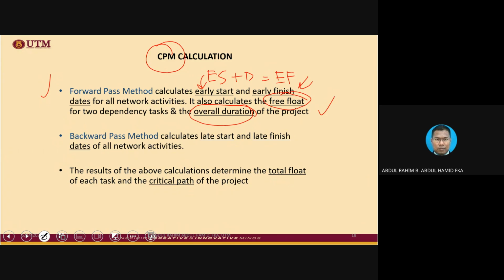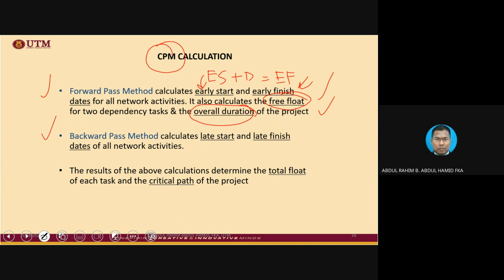But now in AON or PDM, all the values are shown on that particular box. Now everything becomes very transparent, so we can get the free float value very fast.